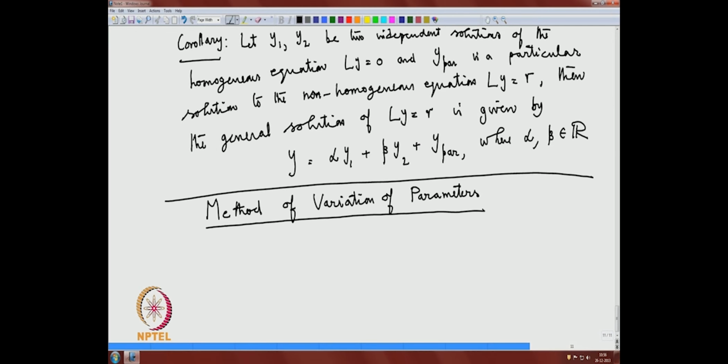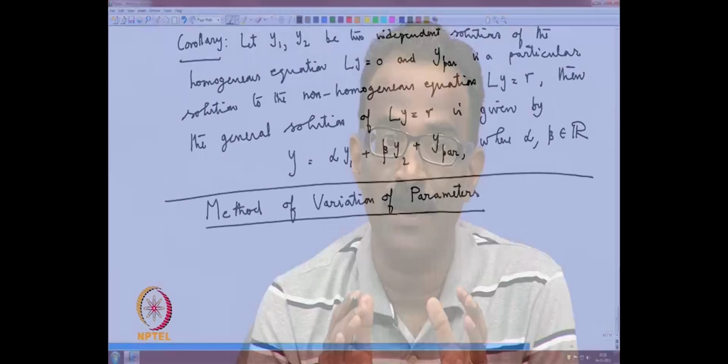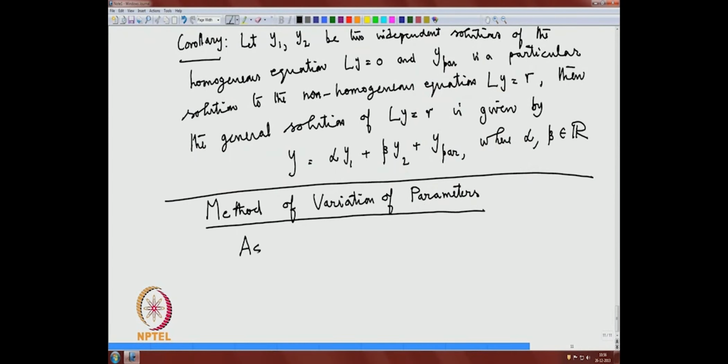So, we will do that in this class. The idea of the method of variation of parameters is to determine a particular solution using the two known, if at all, solutions to your homogeneous equation. That is what we want to do. So, we basically assume y1, y2 are two independent solutions.